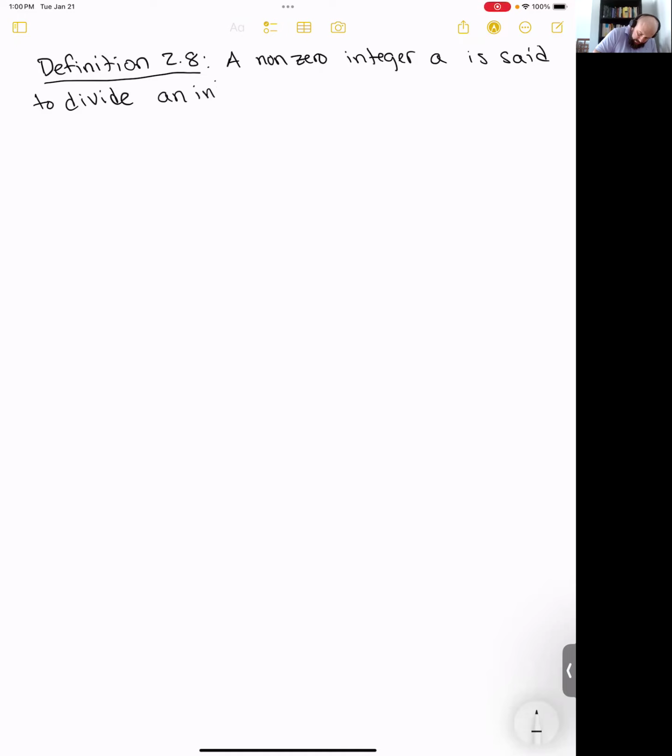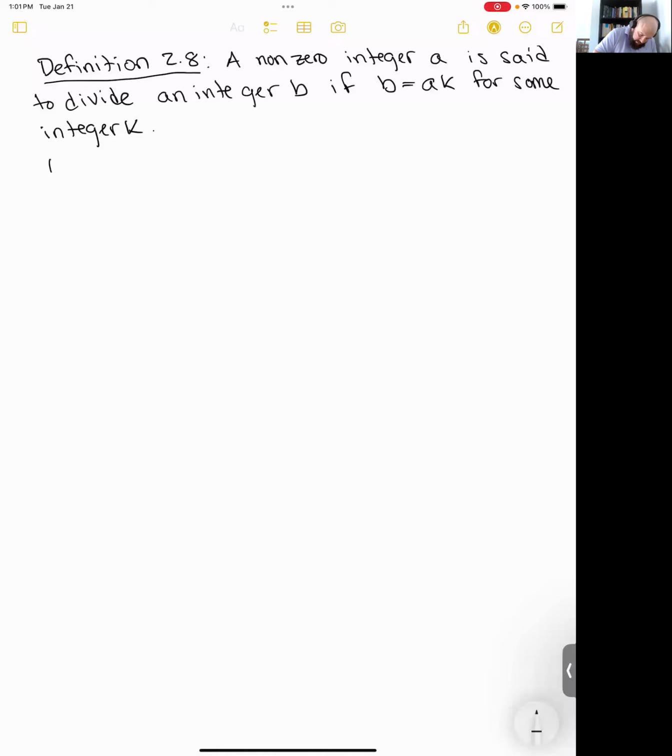And so in order to start out, let me make a definition, which is to say that a non-zero integer, a, is said to divide an integer b if b equals a times k for some integer k.